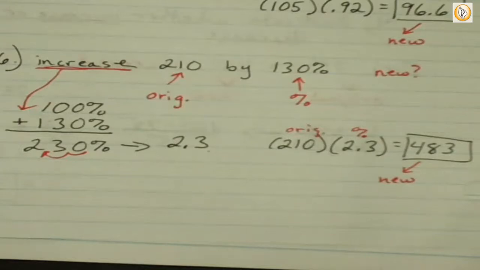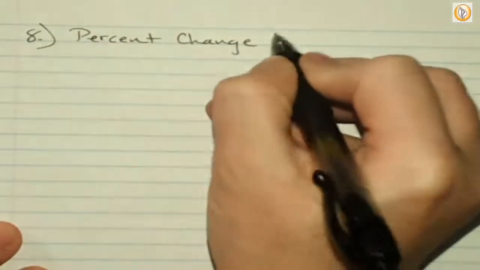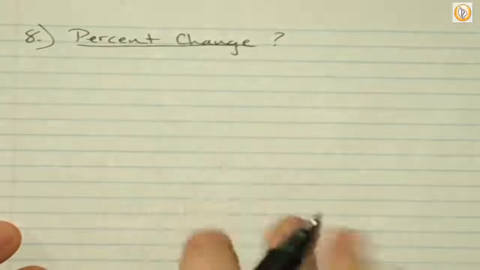Let's look at number 8. Okay, number 8 says, find the percent change. So now we're going to find the percent change. Round to the nearest percent. Now we're going to be using our whole formula. Nothing crazy.